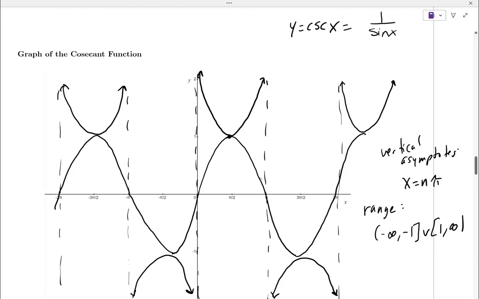It has that hole in the middle again, right? Between -1 and 1. And then finally, what's your period? 2 pi again. Good. So just to summarize, sine, cosine, secant, cosecant have a period of 2 pi. Tangent and cotangent's periods are pi.